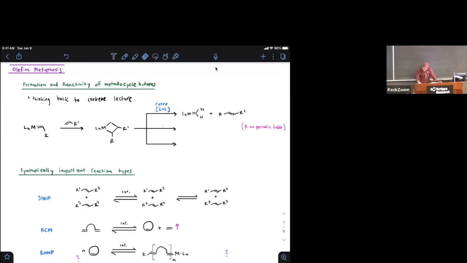But I want to get everybody reflecting on what we covered in the carbene lecture, where there's this question of polarization of the metal-carbon double bond. There are cases where the limiting scenarios are extreme Fischer and extreme Schrock character. Extreme Fischer, those are like metallocarbonyls.